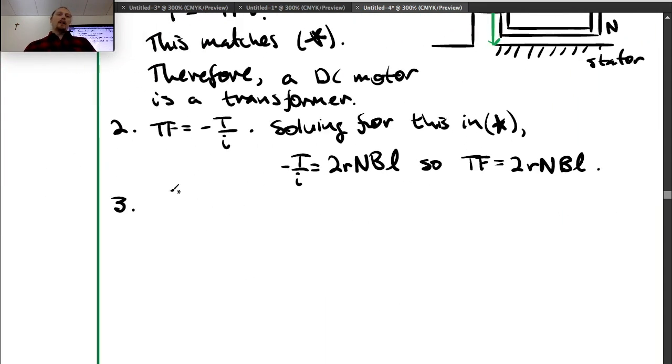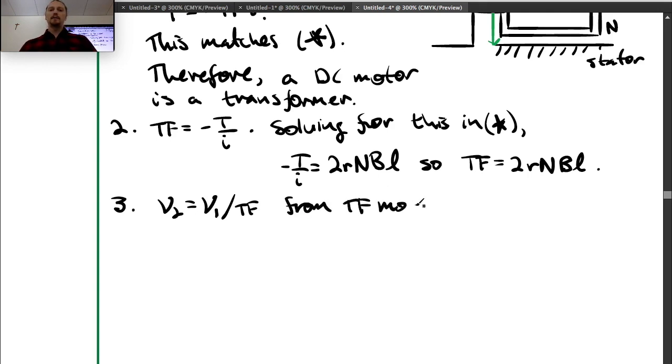We know that V2 equals V1 over TF. We just need to identify what V1, V2 are. We already have TF, so pretty much done. I'll just write from the TF model.